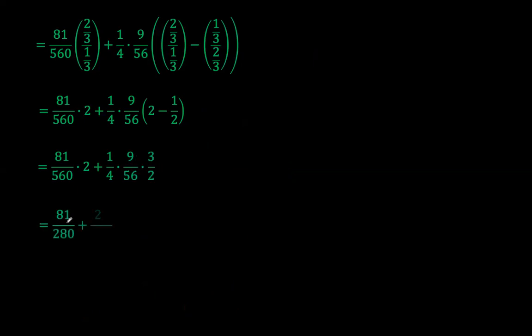And that becomes 81 over 280 plus 27 over 448. So this is the sum from the cross multiplication. This is the integration of the cross term integrand.